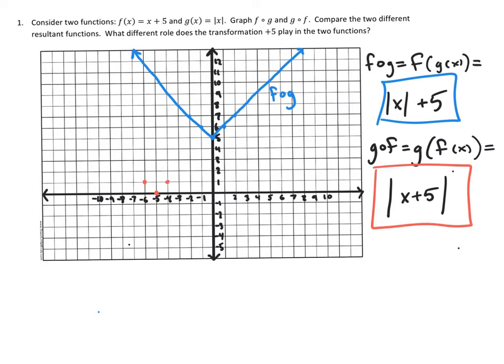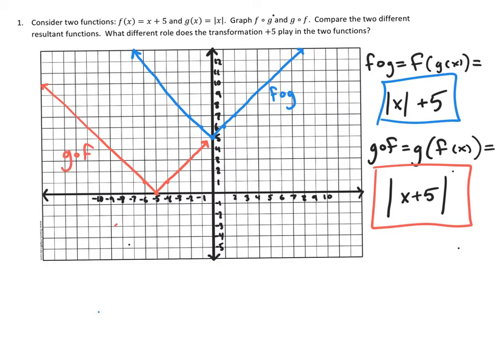So I get negative 4, 1. And, as you might have guessed, it's going to go up this way and up this way. So there we've done it. That is g composed with f.